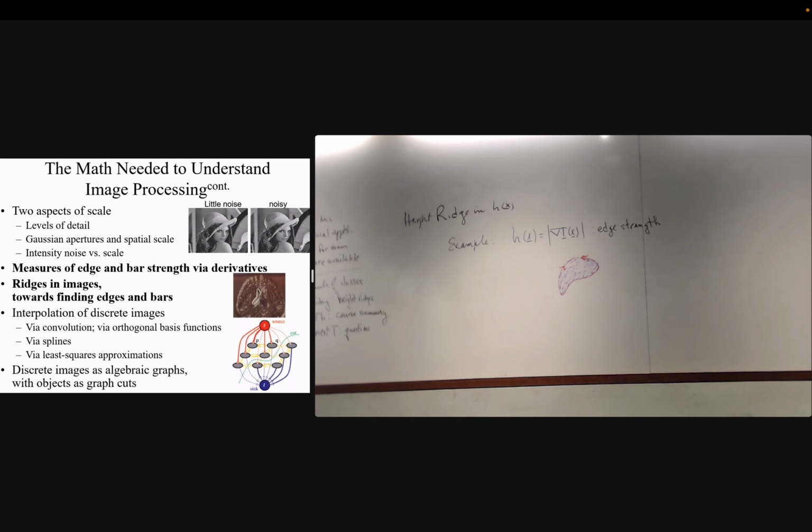Okay, so we're talking about ridges, and here's an example of an image of edge strength, of gradient magnitude. This is not I. This is the magnitude of grad I. And what we're trying to do is find this curve in xy that corresponds to this ridge.